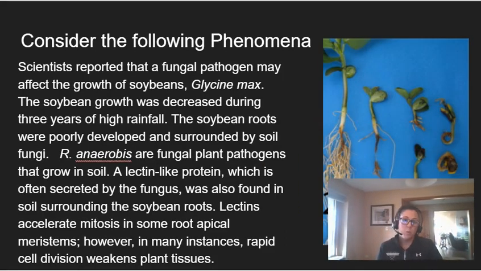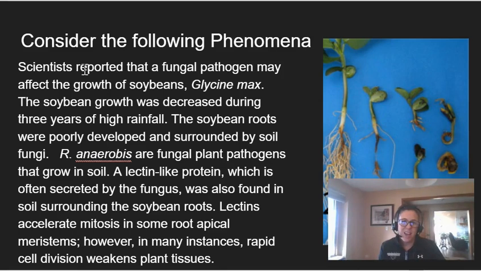So, what scientists have seen in other fields is these certain chemicals called lectins. Lectins have affected the roots of organisms like soybeans. Here we have scientists reporting that you can have a fungus, a pathogen, that affects the growth of soybeans.